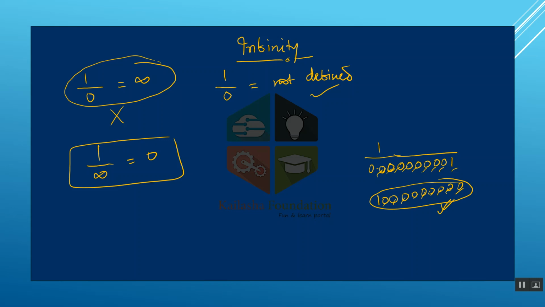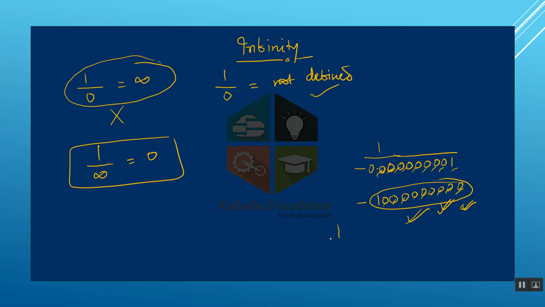1 by a very small number gives a very high number. So if we reach almost 0, it will be infinity. But we must be on the positive side, because if we put a minus sign here, then we will have a minus sign here as well.